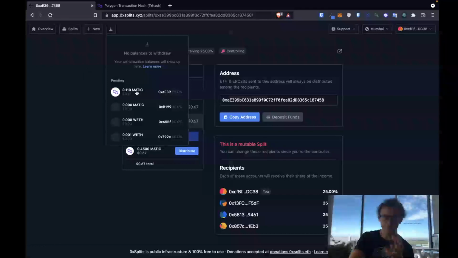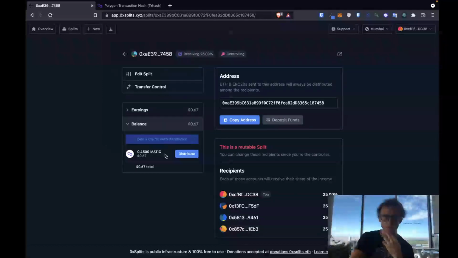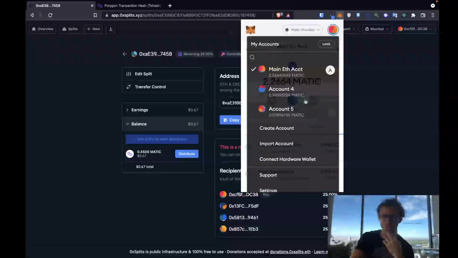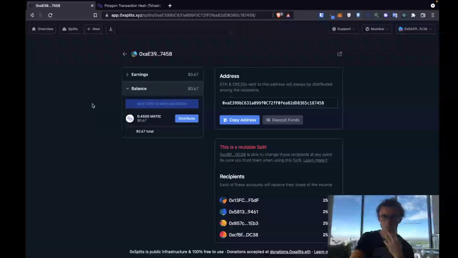It does look like I have funds that were distributed. Oh no, I was wrong. I guess it just didn't load. That's interesting. Let me switch back to my other account. Okay, cool. It just took a while for the balance to load. The funds have not been distributed yet.